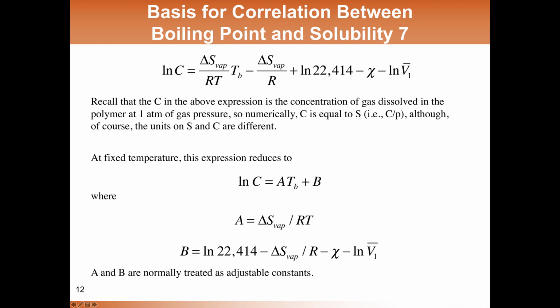And so we can reduce this expression to the following form when we just combine all of the terms that don't have the boiling point into B, and we write this term as A. And in most cases, we typically treat A and B as adjustable constants for a given polymer.